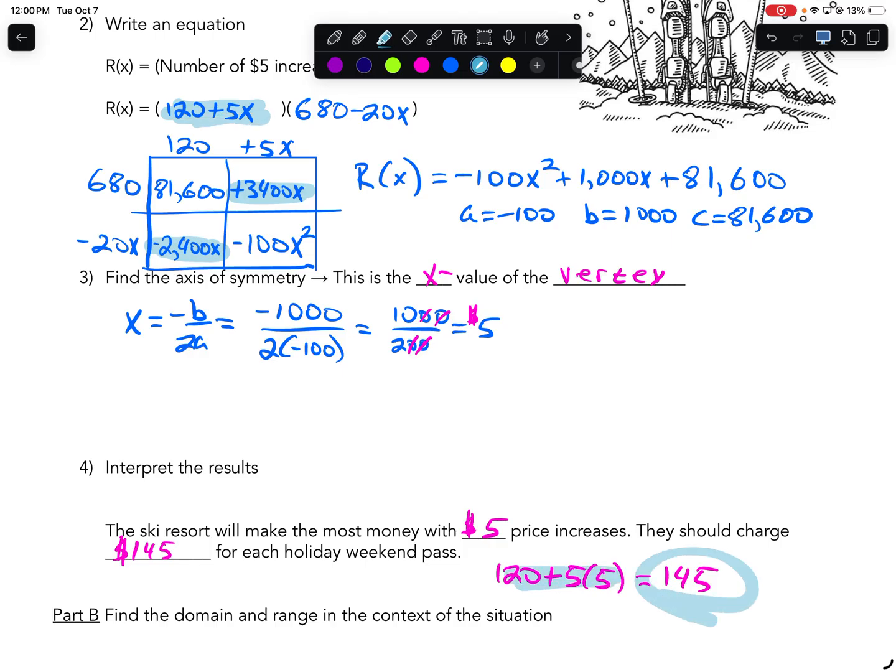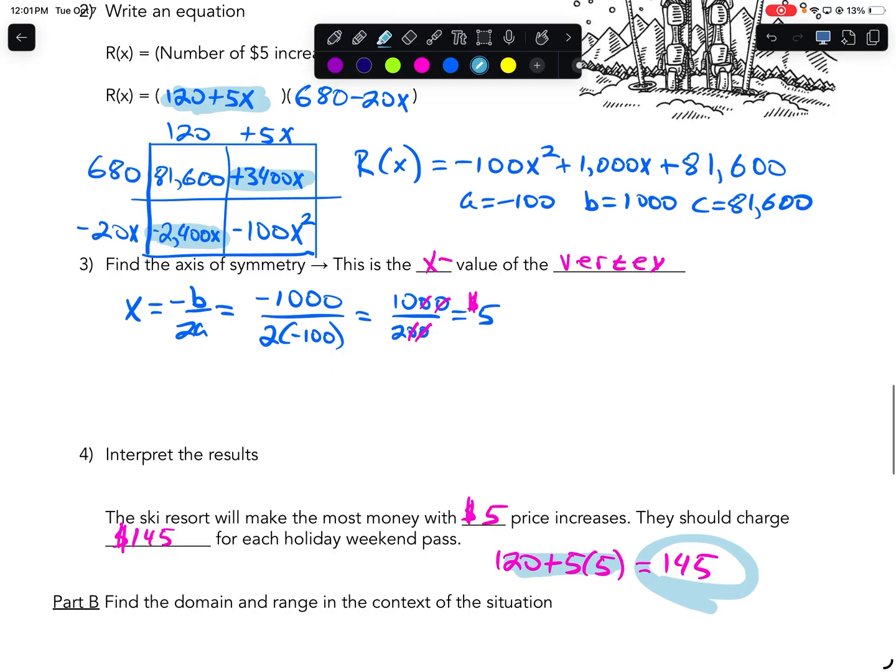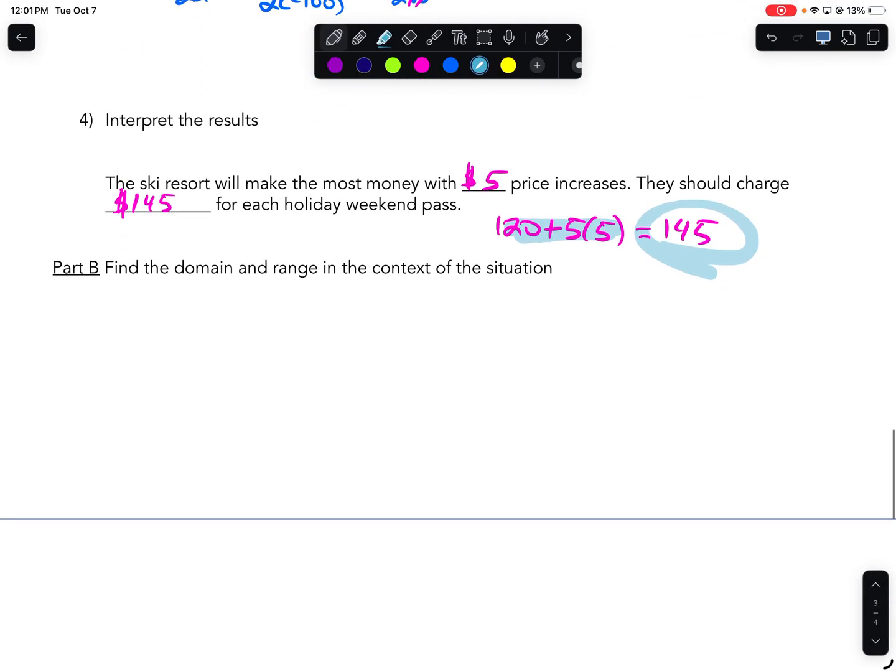To get that 145. Okay. We still got more. Hang in there.